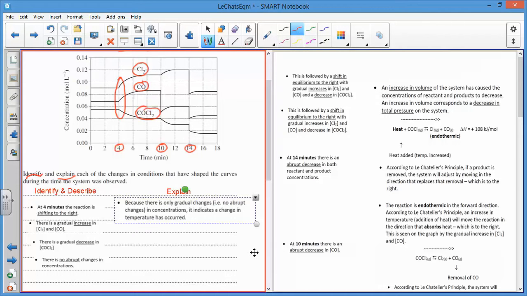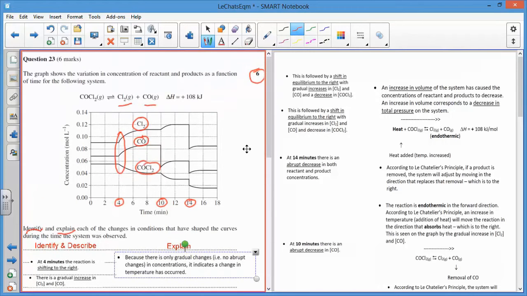When we're talking about change in temperature, we need to go back to the equation and identify that it is endothermic, because its delta H is positive. So this is an endothermic reaction, which means it absorbs heat in the forward direction. How do we get an increasing concentration of the products?